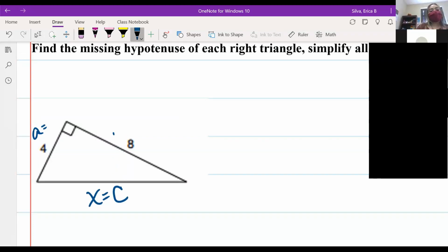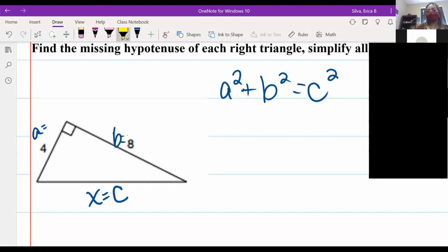All right, so now using the Pythagorean theorem, because it's a right triangle, we're going to say A squared plus B squared is equal to C squared.